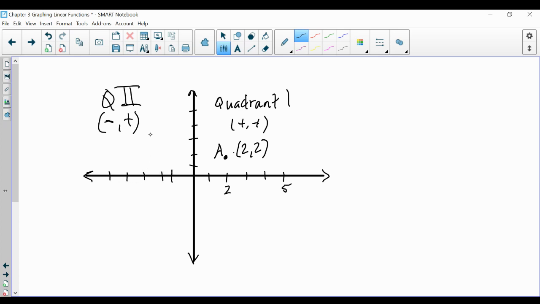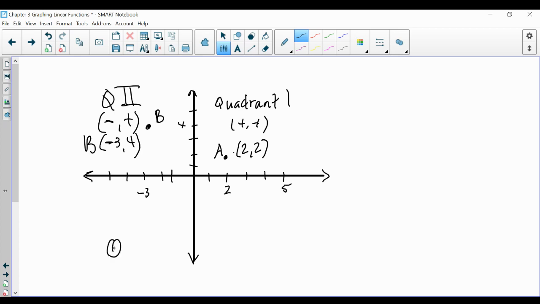So therefore, if I have my point, let's say (-3, 4), I'm going to call this one B. And this point here, I know is a negative 3, 4. So negative 3, 4. The X value is negative, the Y value is positive.